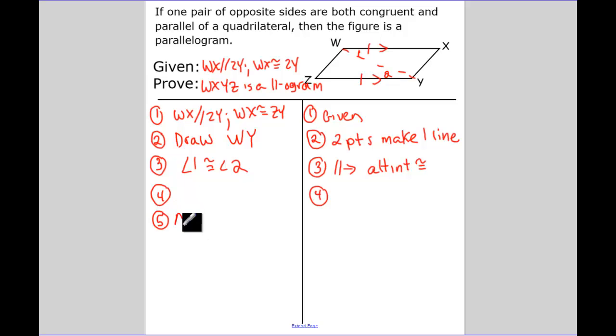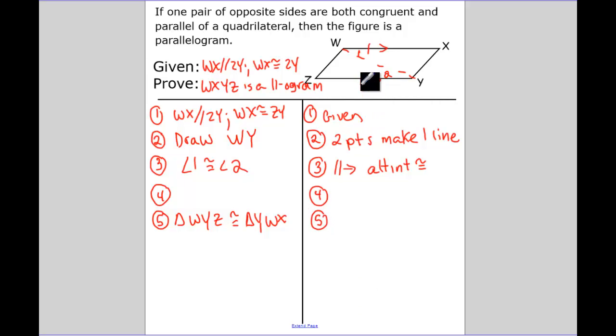I'm trying to prove triangle WYZ is congruent to triangle YWX. Think about what we've already said.